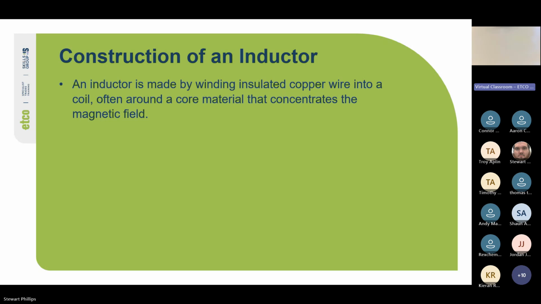So a transformer, basically. The core type is what determines the inductor's strength and efficiency. The more magnetically permeable the material is, or the less reluctance it has, the stronger and more efficient the inductor is.